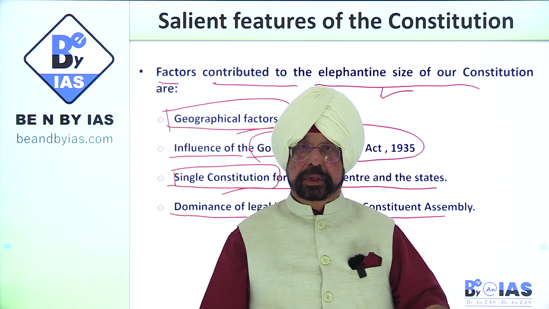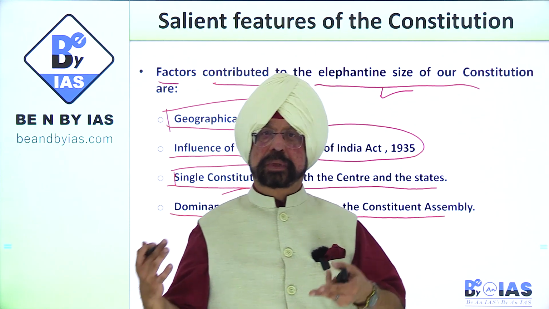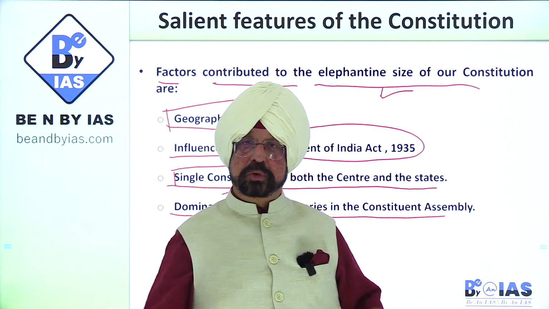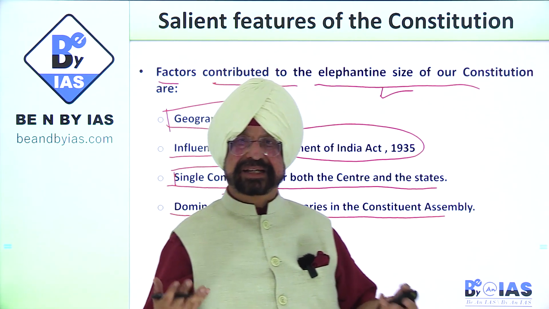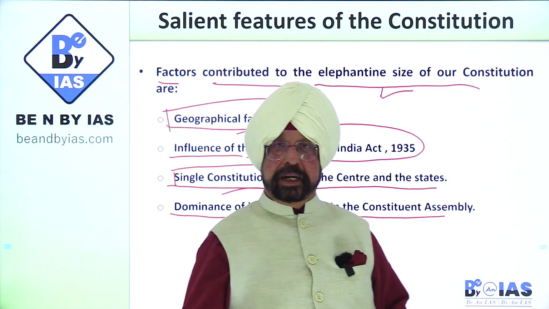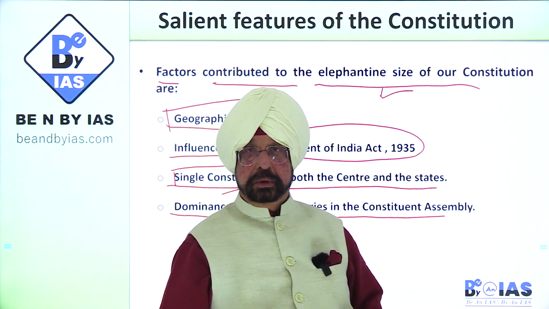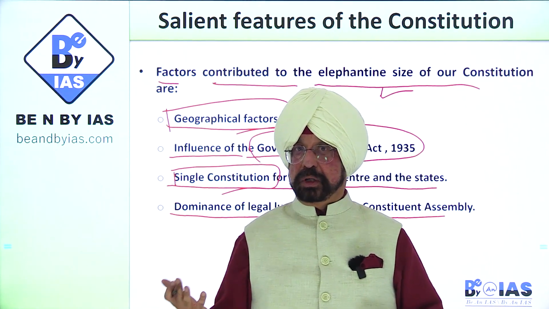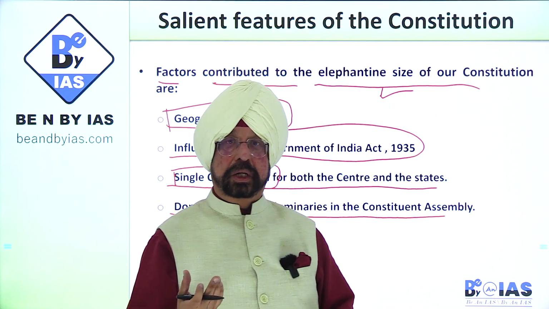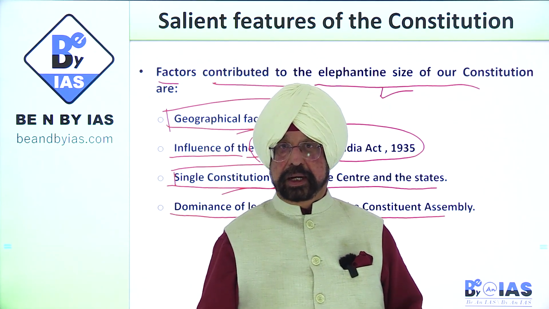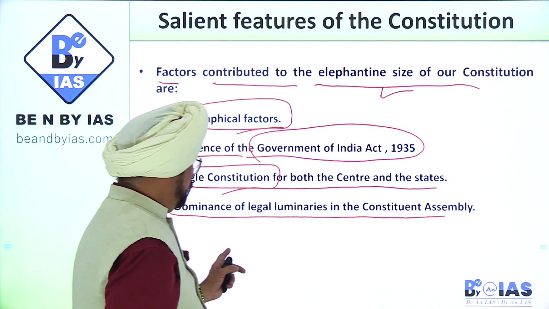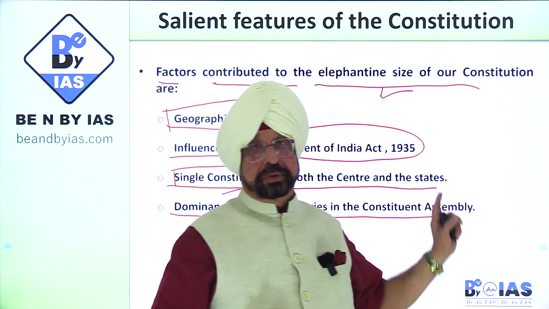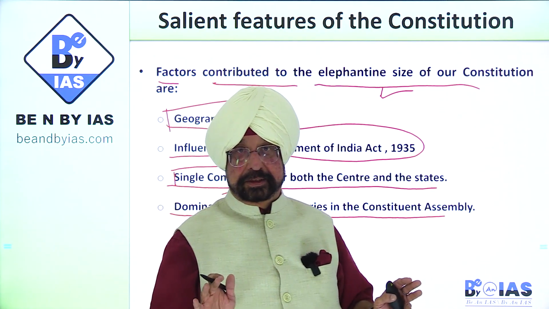So they were all legal luminaries. The chairman of the drafting committee and most of the members were lawyers and barristers, and they had the legal background. Because they were not enacting a small law. They were enacting the supreme law of the land, the Constitution. So that is why it was dominated by legal luminaries. So that also led to its large size.